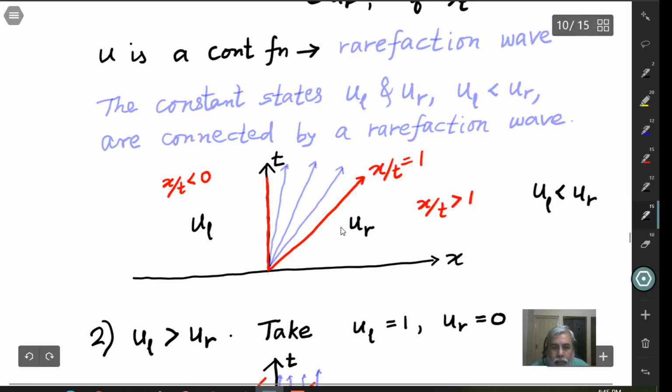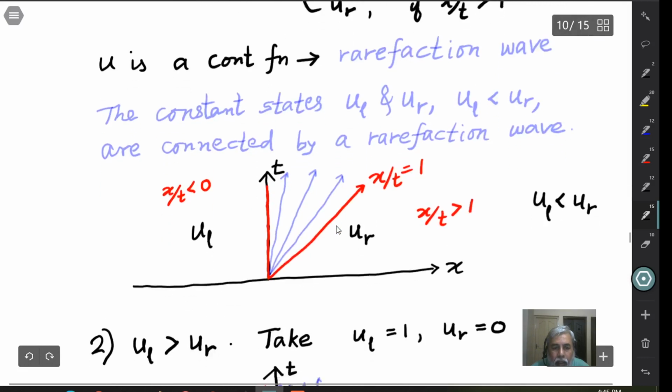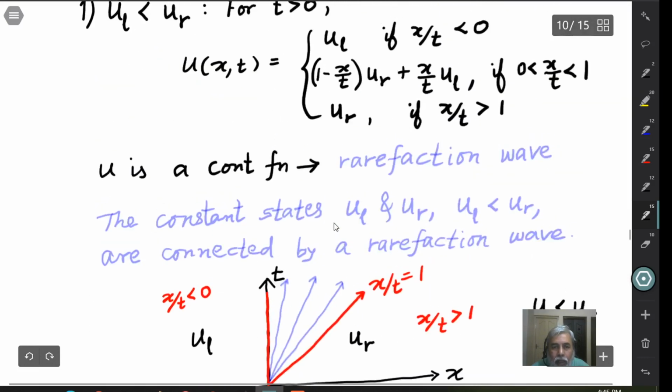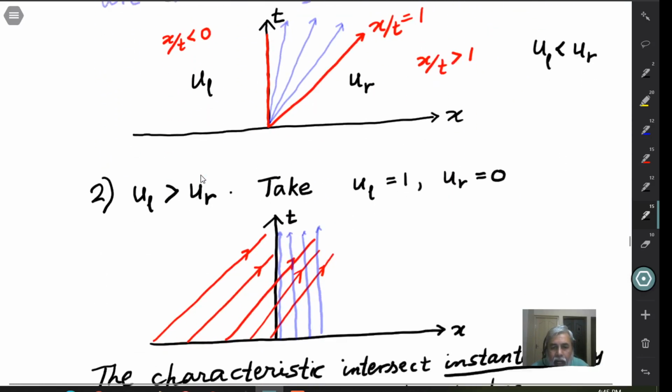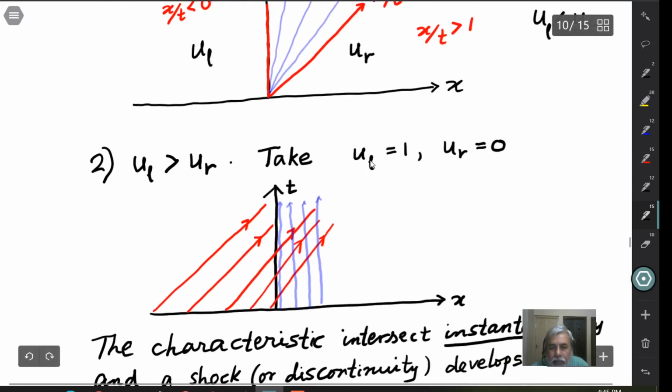What happens if we take ul bigger than ur? That's another case. For example, let's take the simple case ul equal to 1 and ur equal to 0.